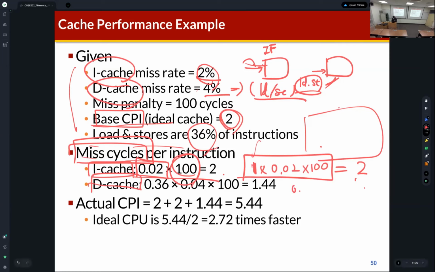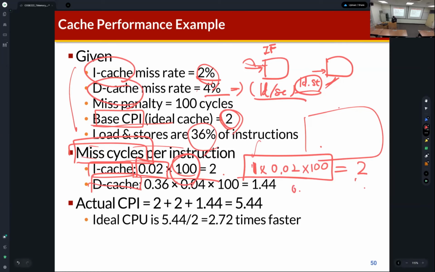It's 4%, so 0.04, and the penalty is 100. So it's 1.44. This 1.44 represents the increased clock cycles by data cache misses. It's obvious, right?